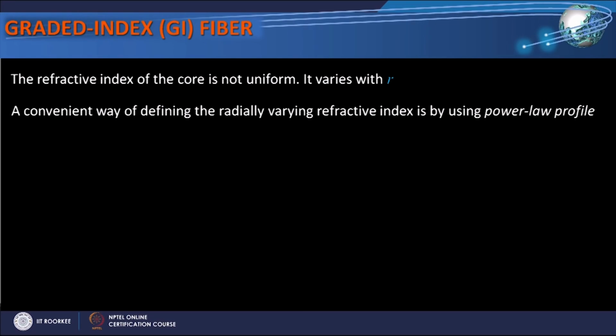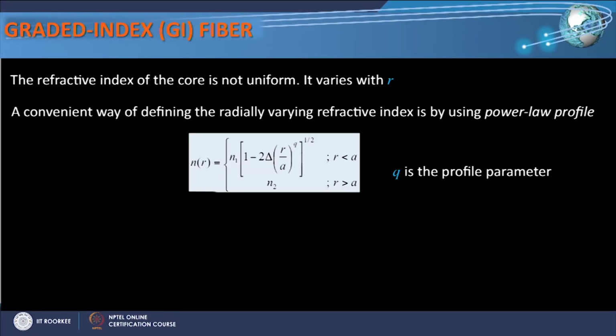And a convenient way of defining this radially varying refractive index is using power law profile, which is given as n(r) is equal to N1 times (1 minus 2 delta (r over a) to the power q) whole to the power half in the core, r less than a, and it is equal to N2 for r greater than a in the cladding. This q is nothing but profile parameter. It basically governs the index gradation.